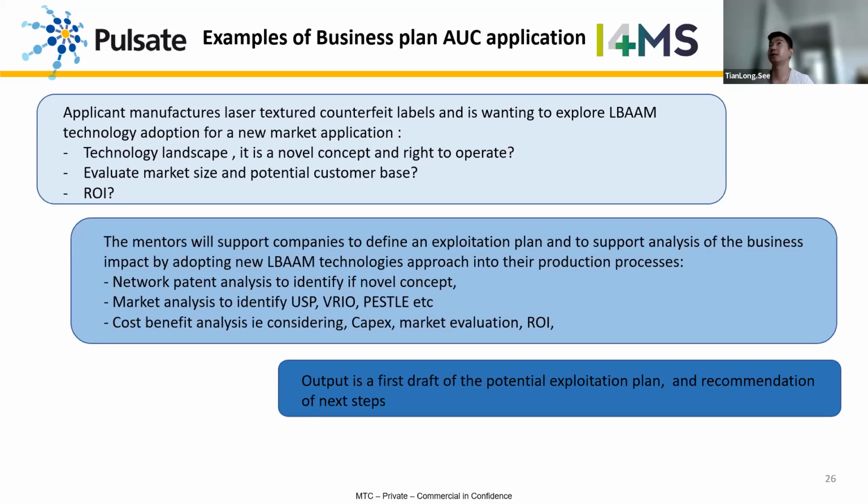Or if you already have a prototype ready and a supply chain, but you want to improve the cost of the component to make your product more commercially appealing to customers, that could also be a potential output for the project.